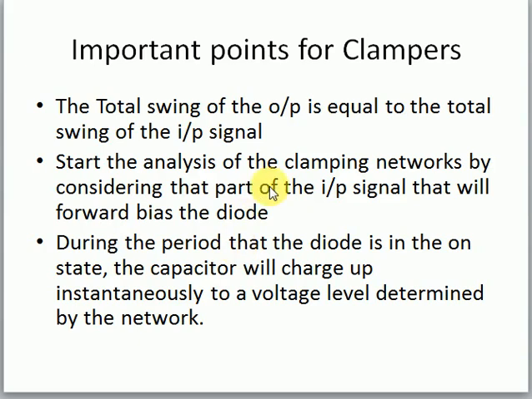So start the analysis of the clamping networks by considering that part of the input signal that forward biases the diode. Next, during the period that the diode is in the on state, the capacitor will charge up instantaneously to a voltage level that is determined by the network. I have told this before.